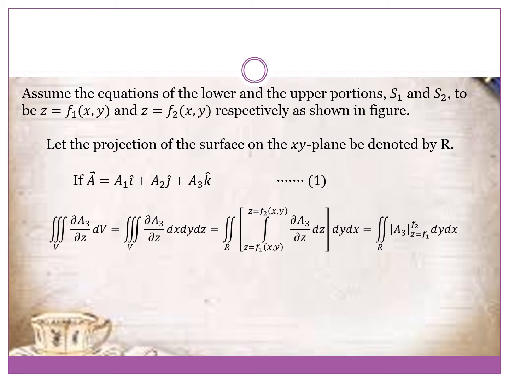The innermost integral results in a3 with limits z equal to f1 to f2, because the differentiation and integration cancel each other, and when we put the limits, what will happen?